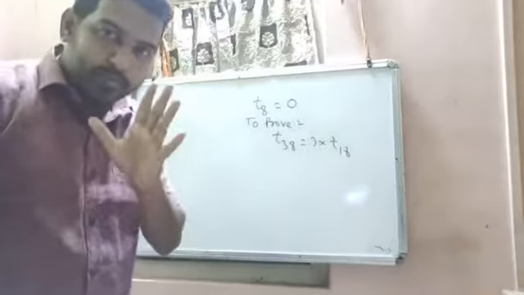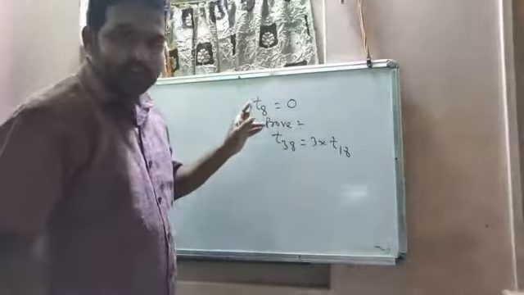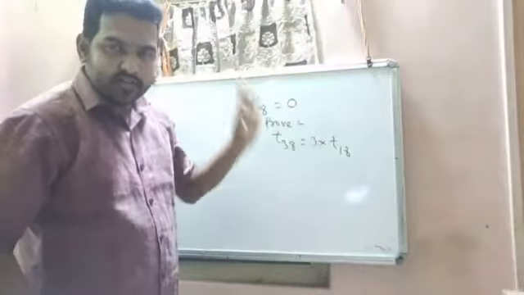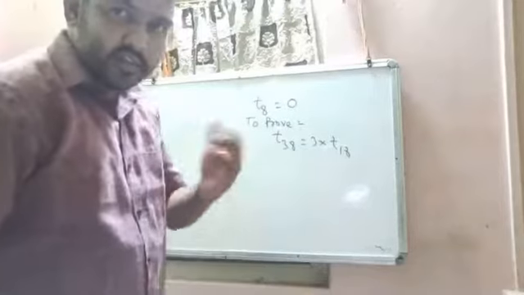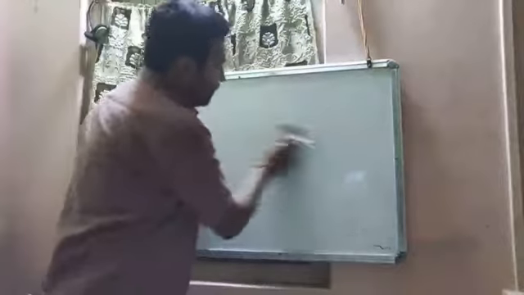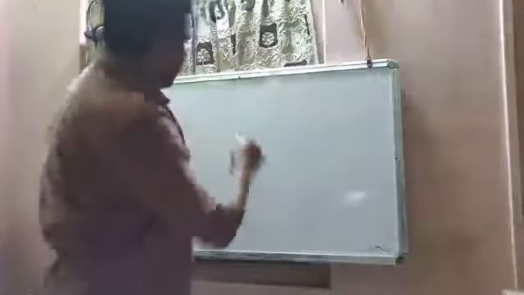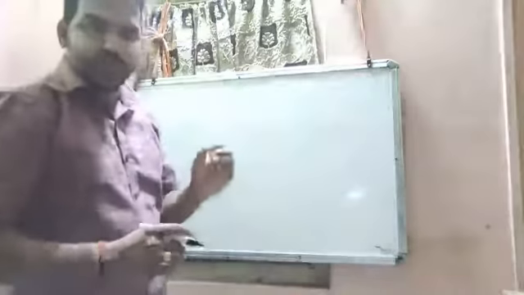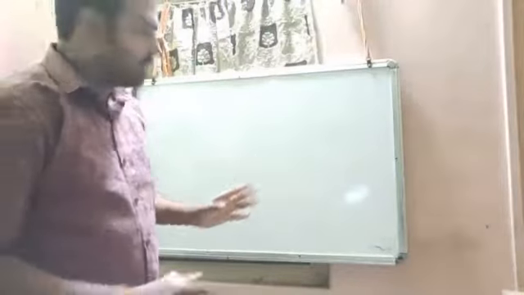This is what we have to prove, and what is given is that the 8th term is 0. So this is another type of question belonging to AP. Let's proceed. I am telling you the easiest way to calculate this.